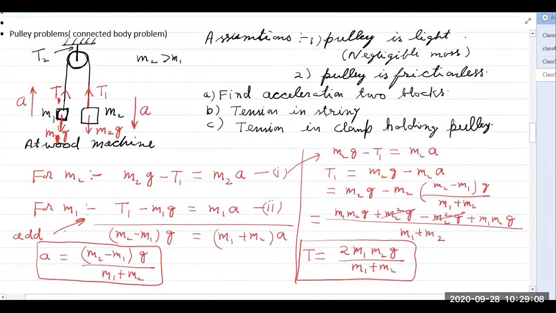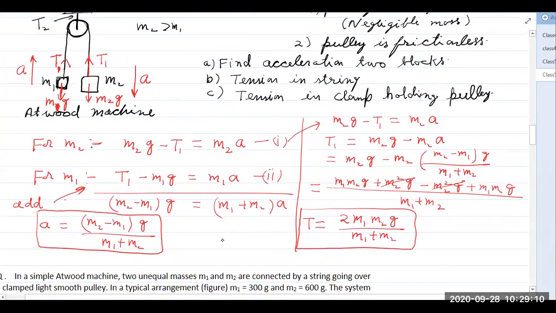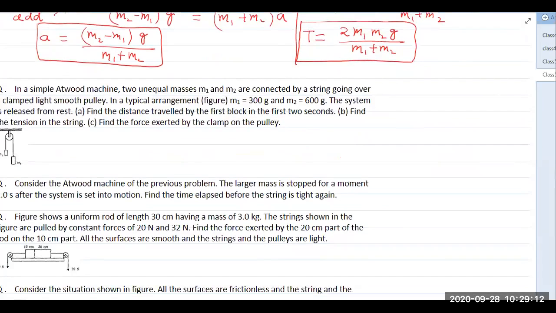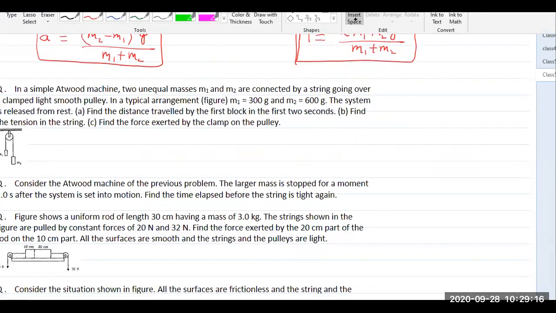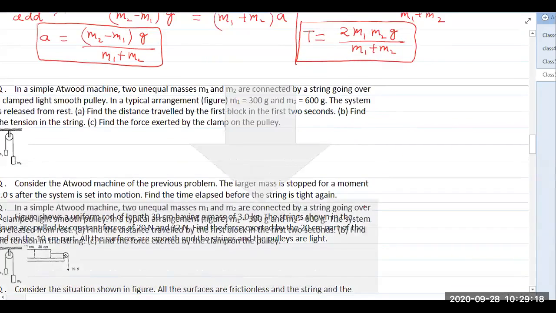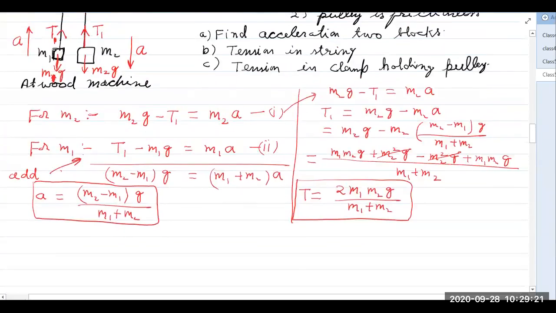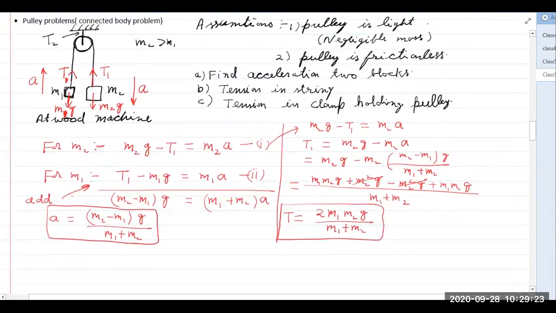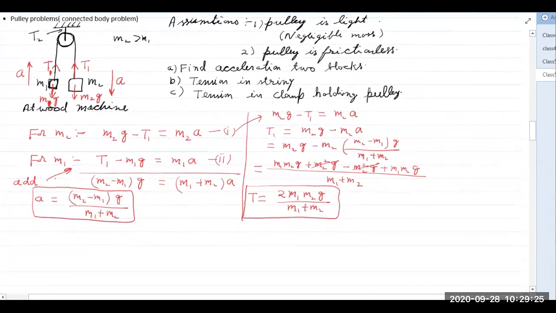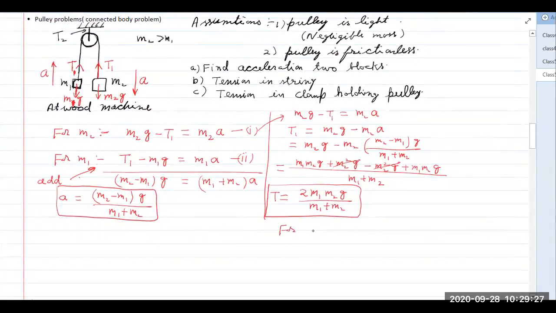For that, we can write the equation for the upper pulley. If you write the equation for the pulley, there are two tensions acting downward, T1 and T1, and there is one acting upward.